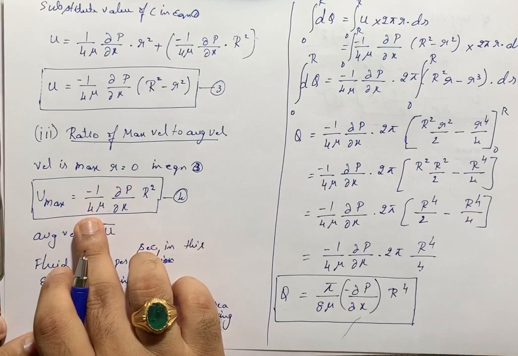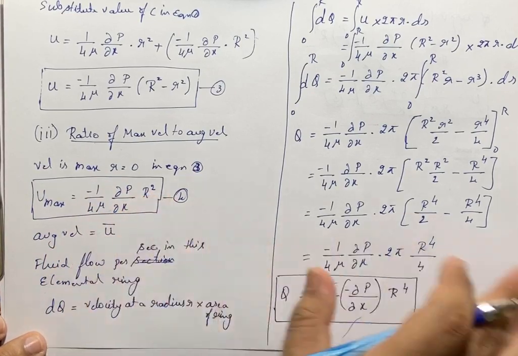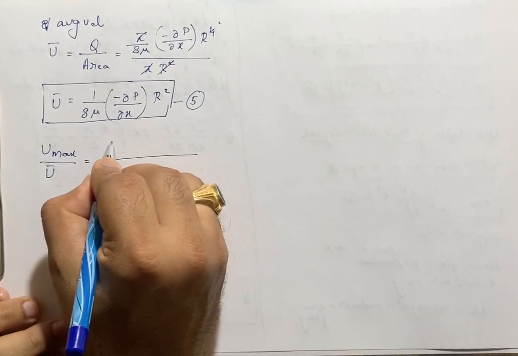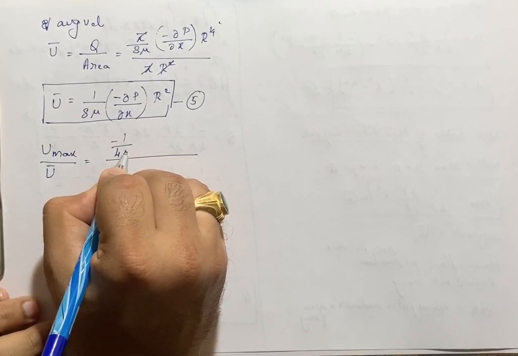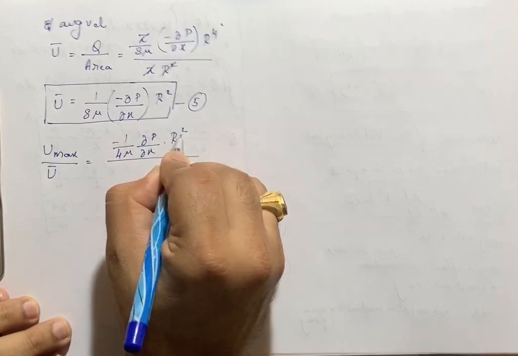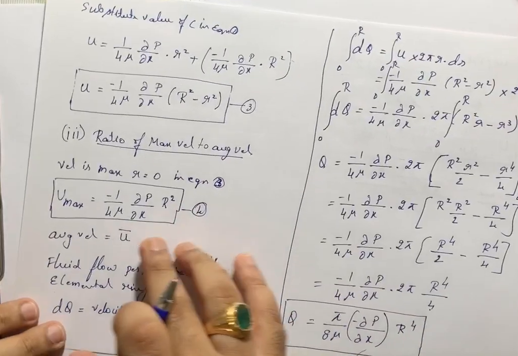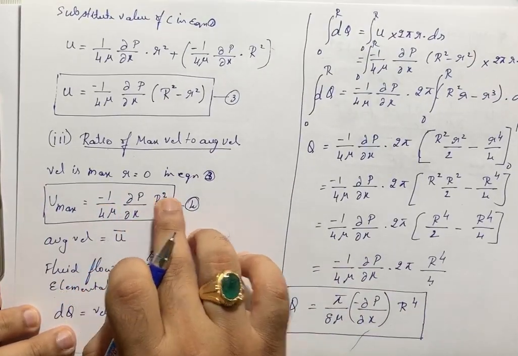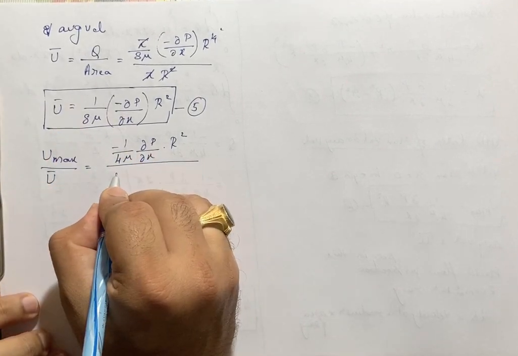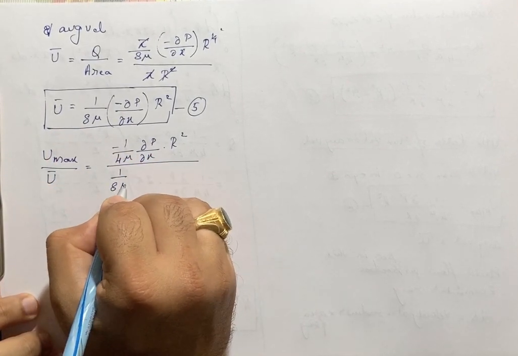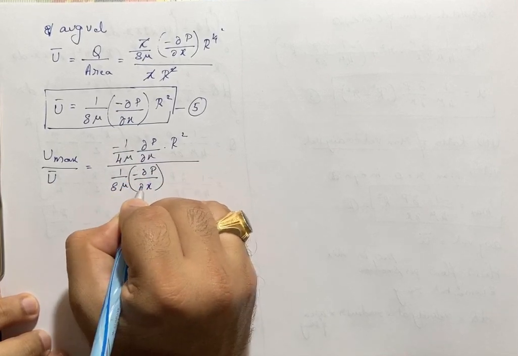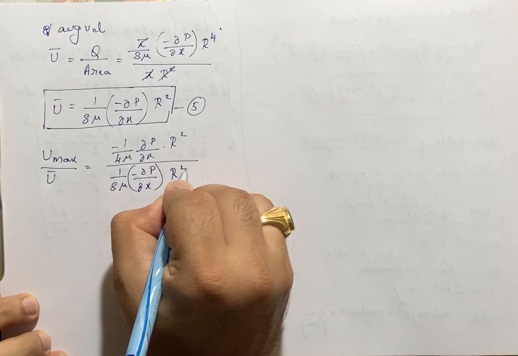It is minus 1 divided by 4 mu, dou p by dou x into r square, and the u bar will be 1 divided by 8 mu, minus of dou p by dou x into r square here.